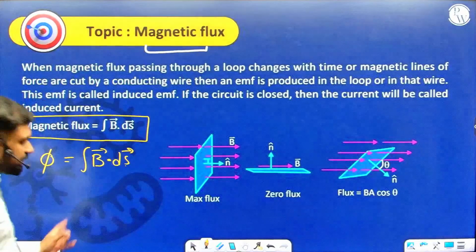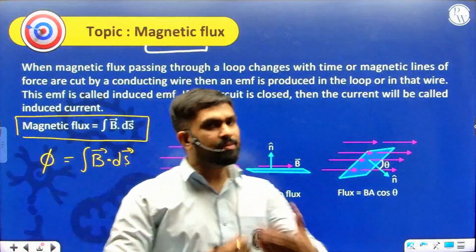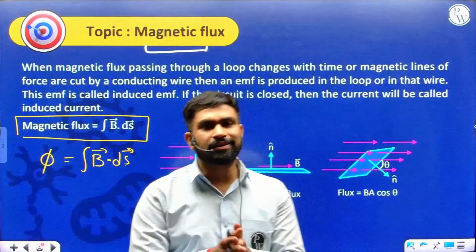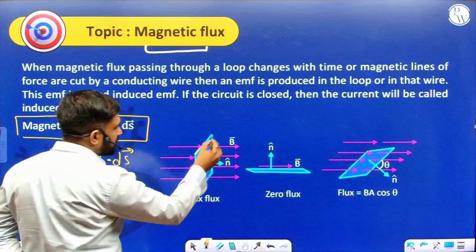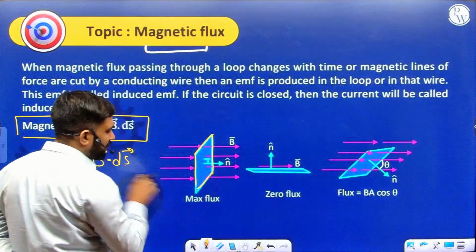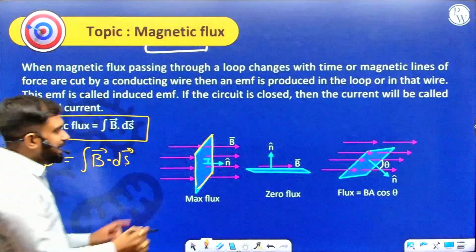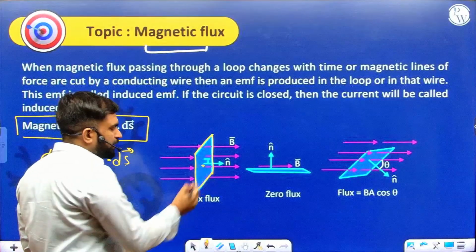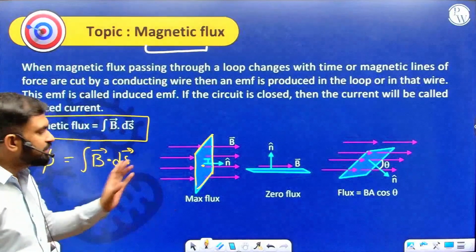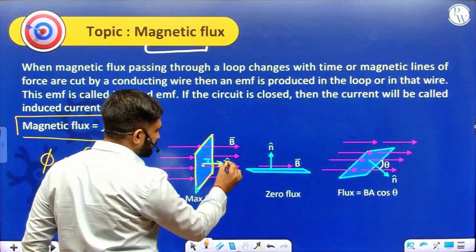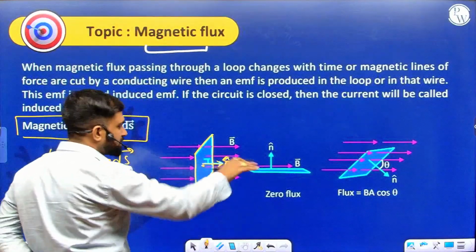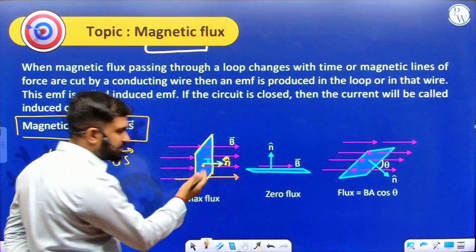Whenever the dot product comes, its maximum value is when both vectors are parallel. Suppose this is the area given to us and these are the magnetic field lines. The area vector is always perpendicular to the surface of which we are finding the area. The normal to the surface is in this direction, and the magnetic field lines are also in this direction, so they are parallel.